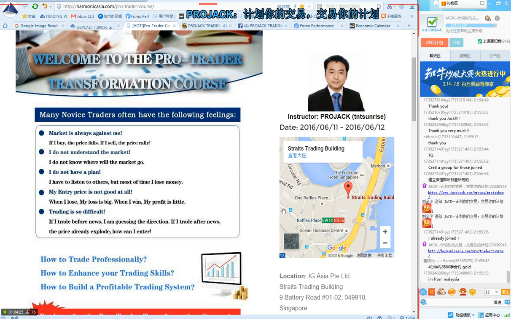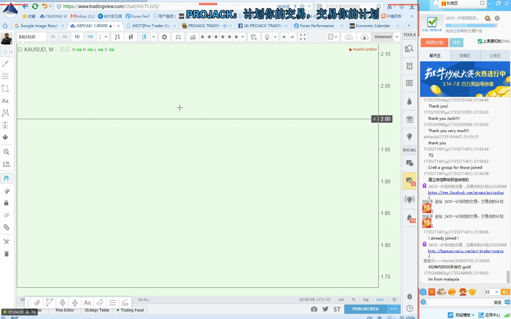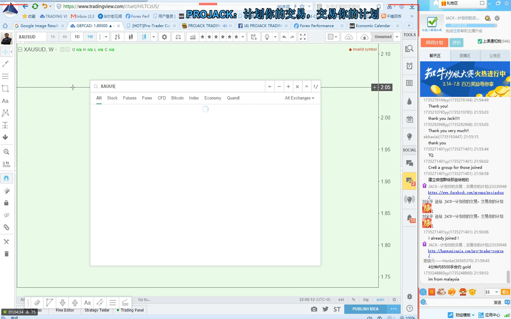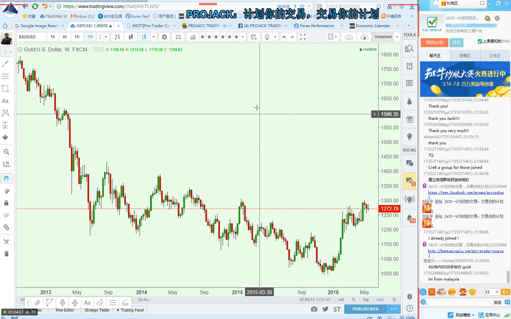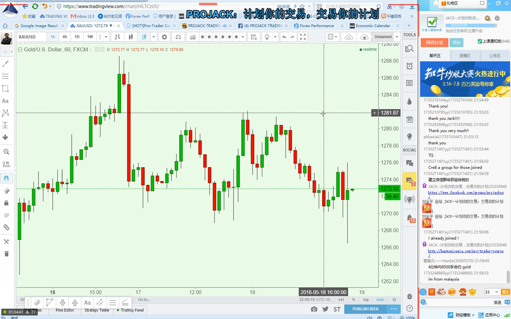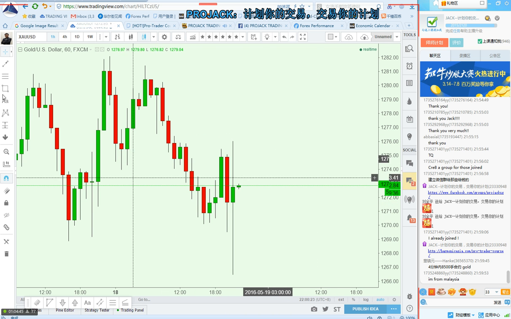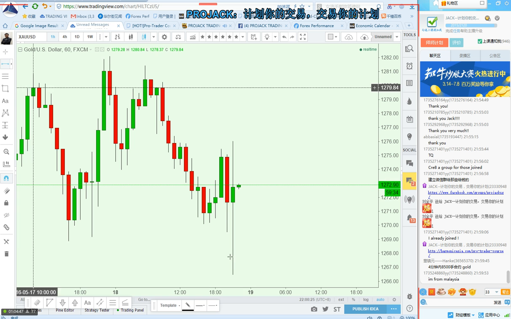Okay, I think something happened to gold, right? Somebody says there is some huge move for the gold. Okay, one last look at the gold. Now it's 1272. You can see the price, this candle tells us a lot of things, right?